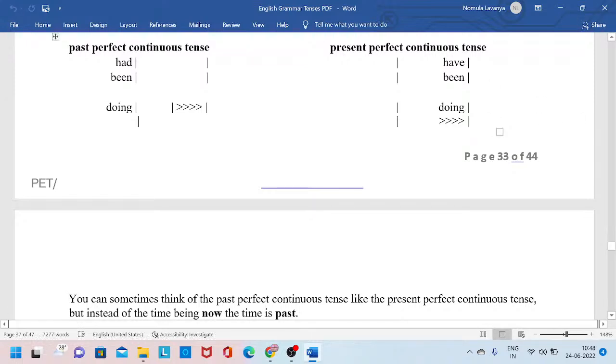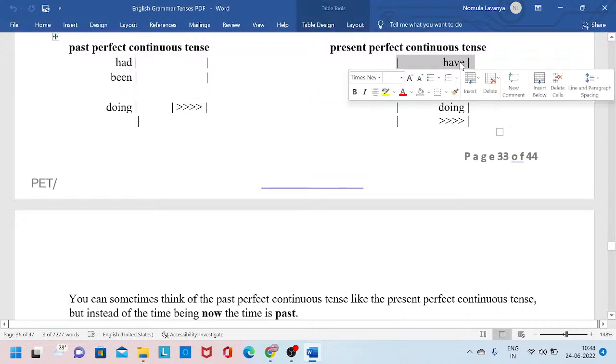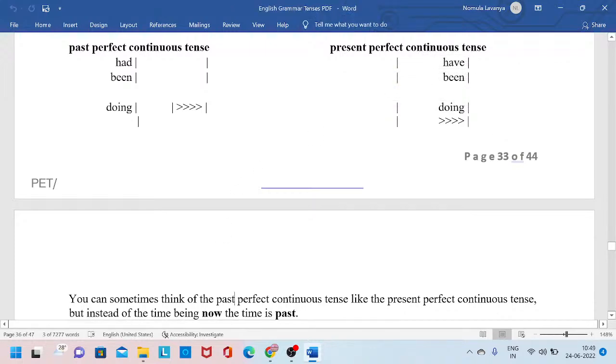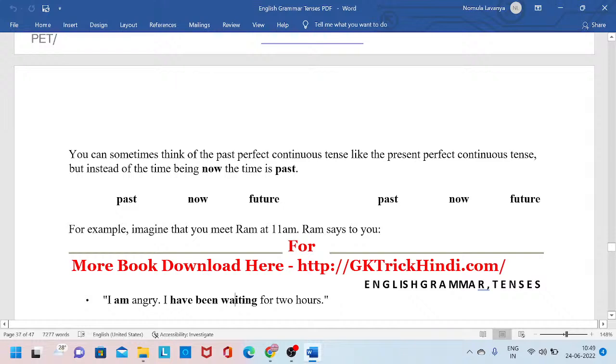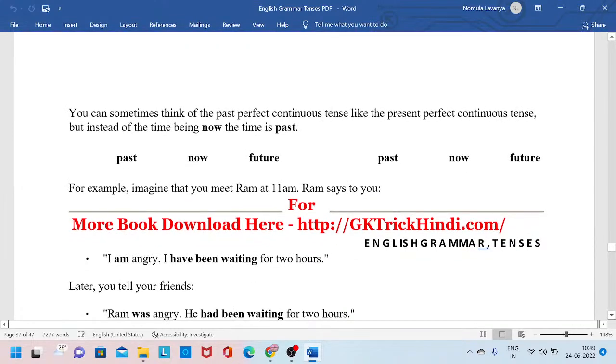So there it's a simple form, but it's like a trick: for the past perfect we use the auxiliary verb had, and for this, have. So be careful. You can sometimes think of the past perfect continuous tense like the present perfect continuous tense, but instead of the time being now, the present, the time is in the past.